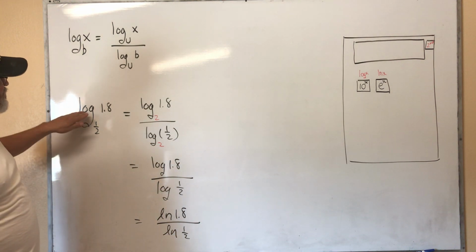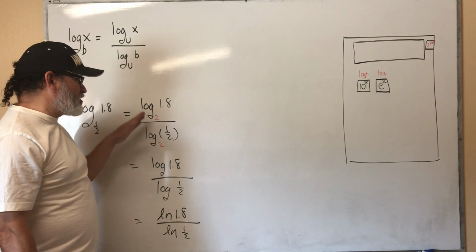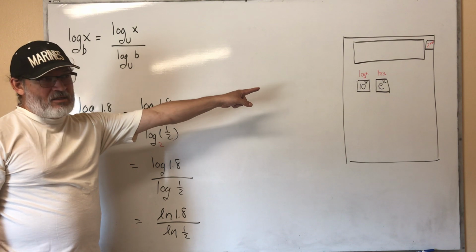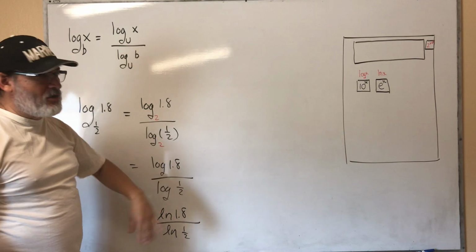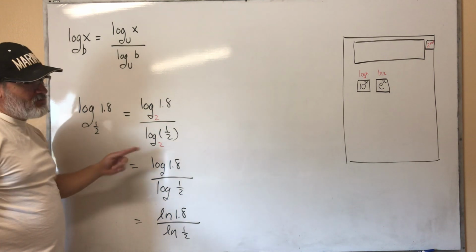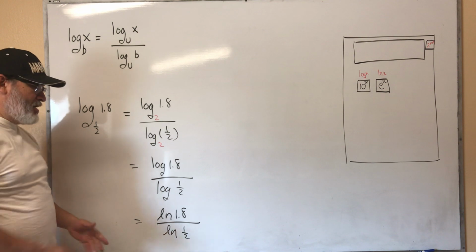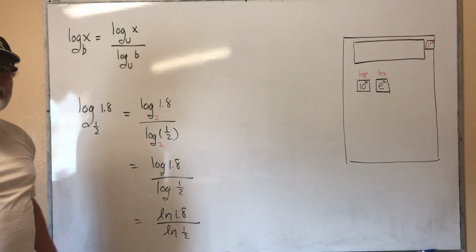Okay, we're trying to approximate this. If you use base 2, it's correct, but it's not convenient for someone who has a calculator without this base. So therefore, pick a different base. Pick what you have. Either base 10 or base E. And now use your calculator and you get the answer, okay?